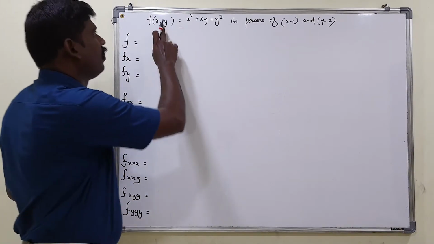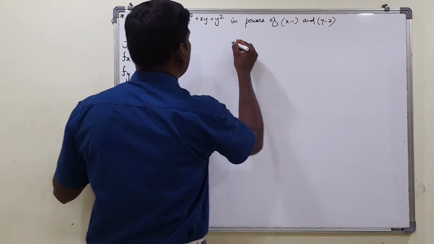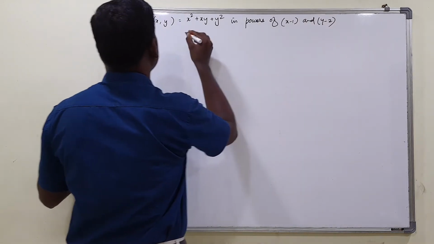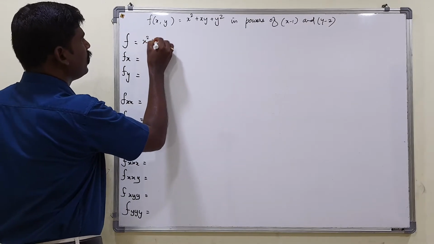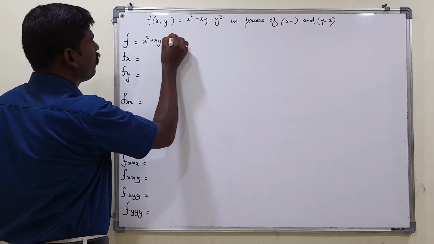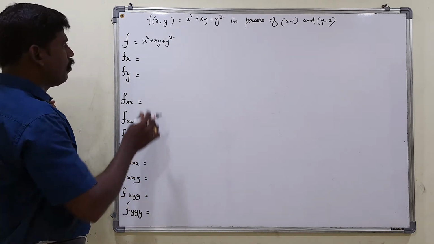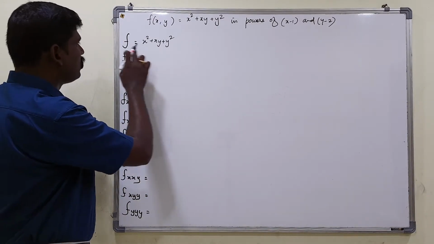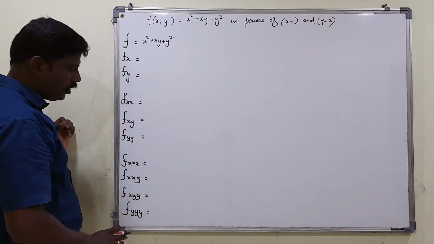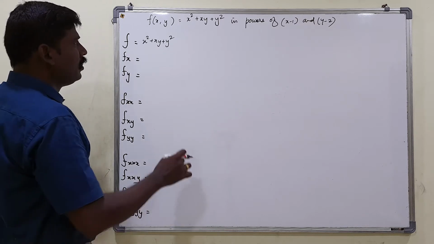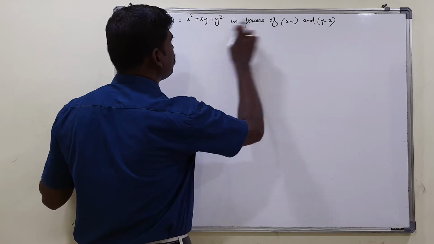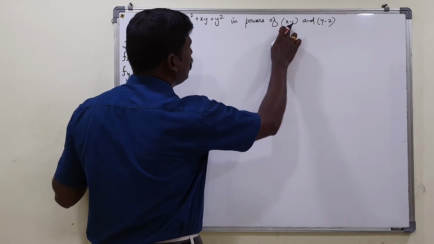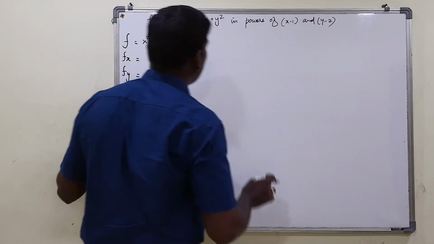So f is given in a very simple form, f of x comma y is equal to x square plus xy plus y square. I am going to find out the partial derivatives of f, and I need to find out the Taylor series expansion in the powers of x minus 1 and y minus 2.